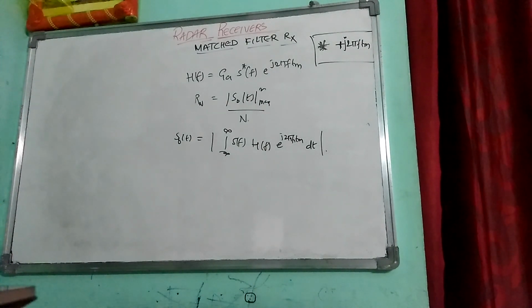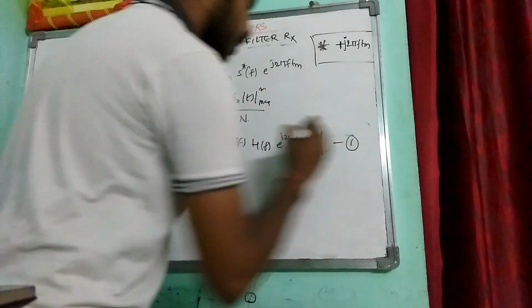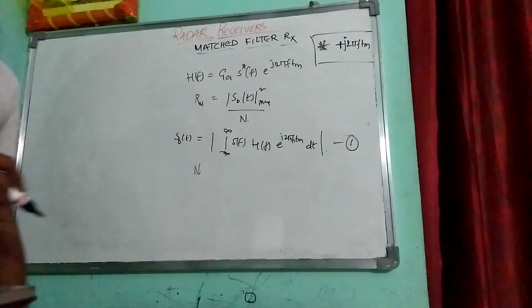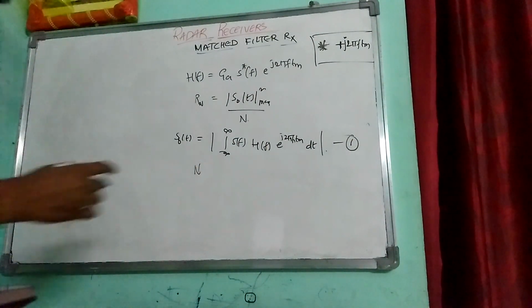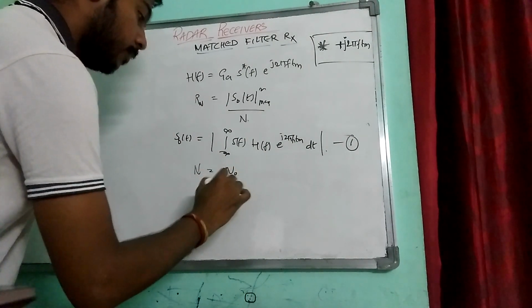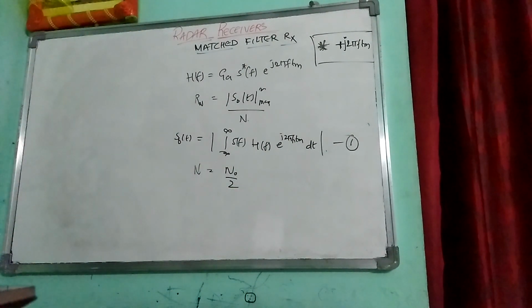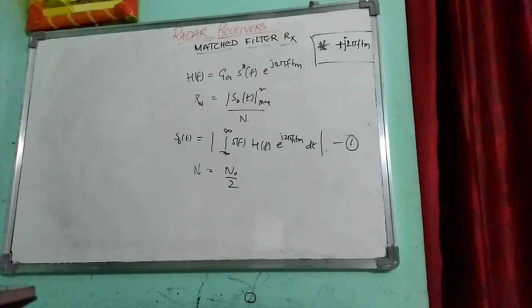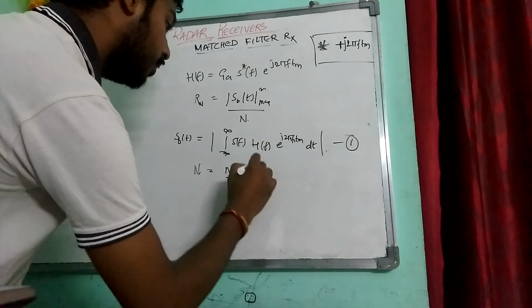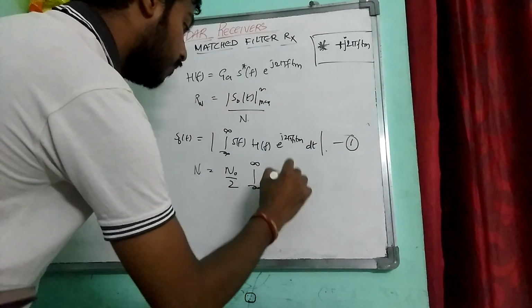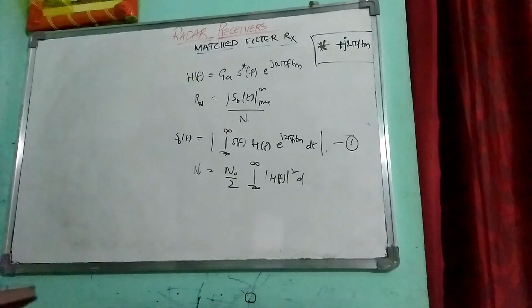This is the first equation. Similarly, you consider the noise, which is N naught by 2, the input noise power, multiplied by the integral from minus infinity to infinity of mod H of f whole square df.